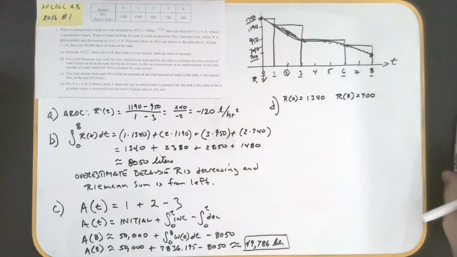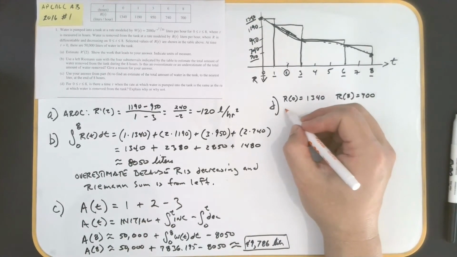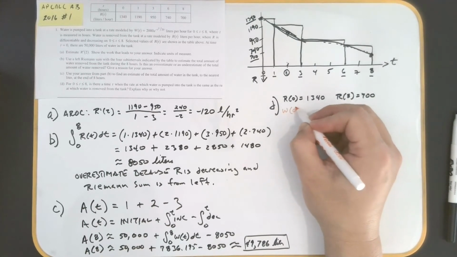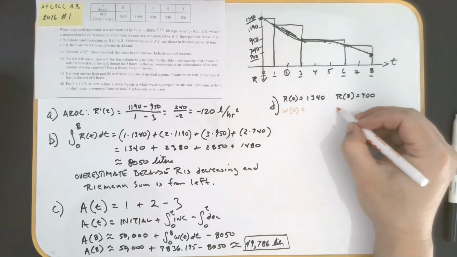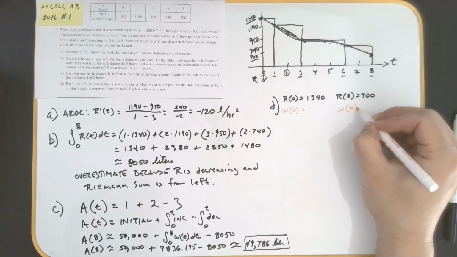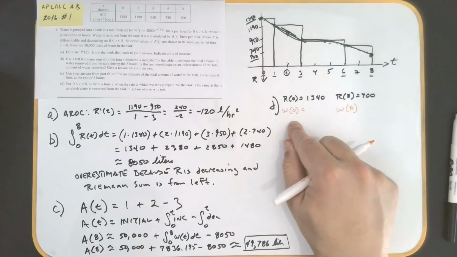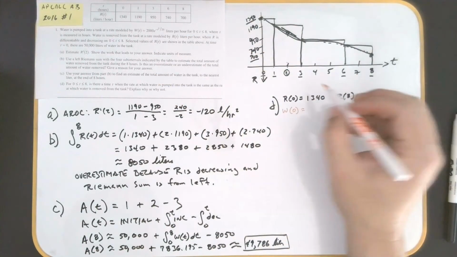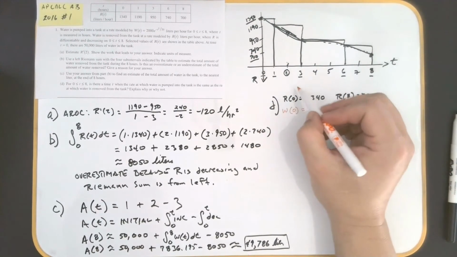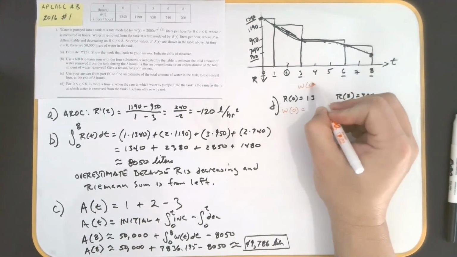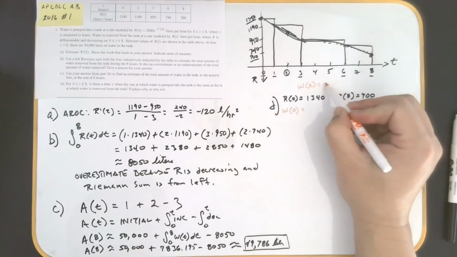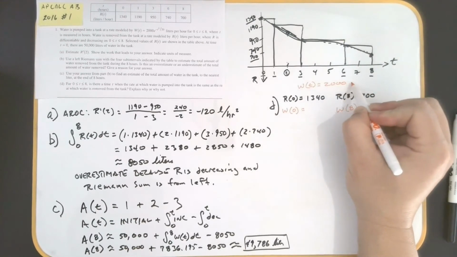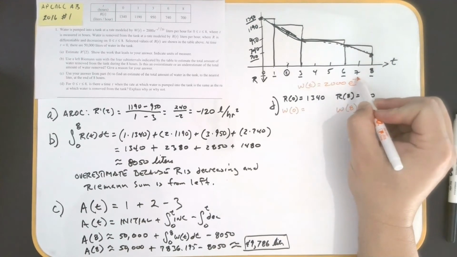Okay. Now what I'm curious about is what is going on with the rate the water is being entered. So I'm going to figure out what W of 0 is, and then I'm curious what is W of 8. The W function is over here, so I'll put that up here for reference. W of t is equal to 2000 e to the negative t squared over 20.